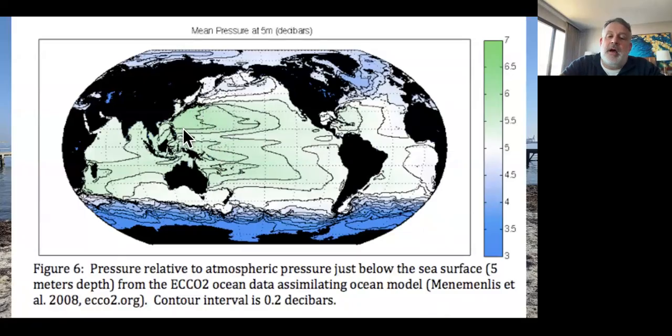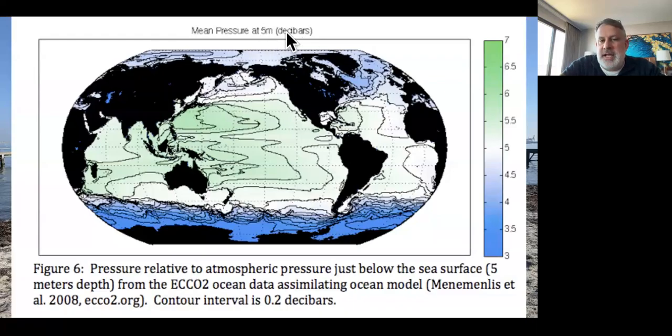This is a map from an ocean model of the mean hydrostatic pressure at 5 meters below the surface. We looked at this before, but let's look at it a little bit more closely. So 5 meters, it's not 5 meters below the surface, it's 5 meters below the average surface.